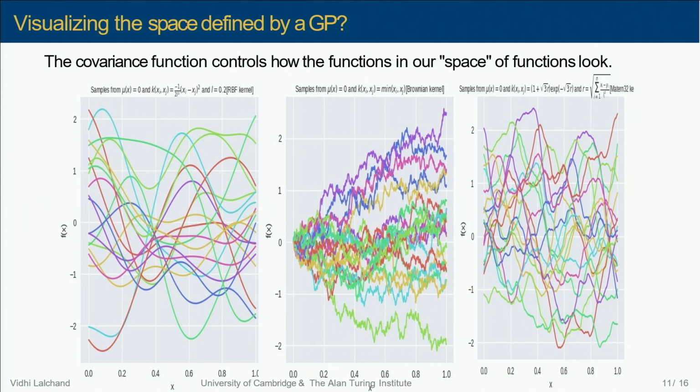I think this is a really important graph to give intuition about how Gaussian processes work. The main idea is that Gaussian processes define distributions over a space of functions, and how these functions look is something we completely control by deciding which kernel or covariance function we choose.